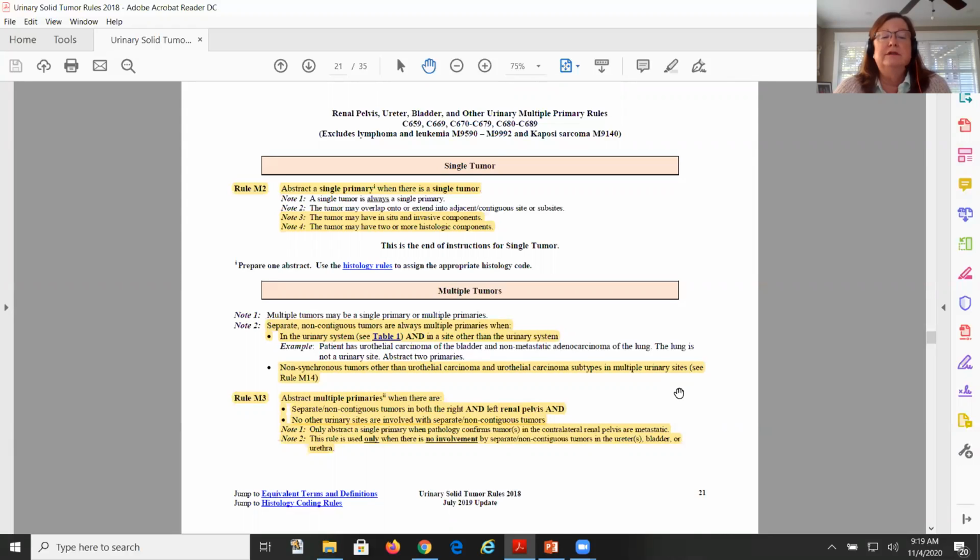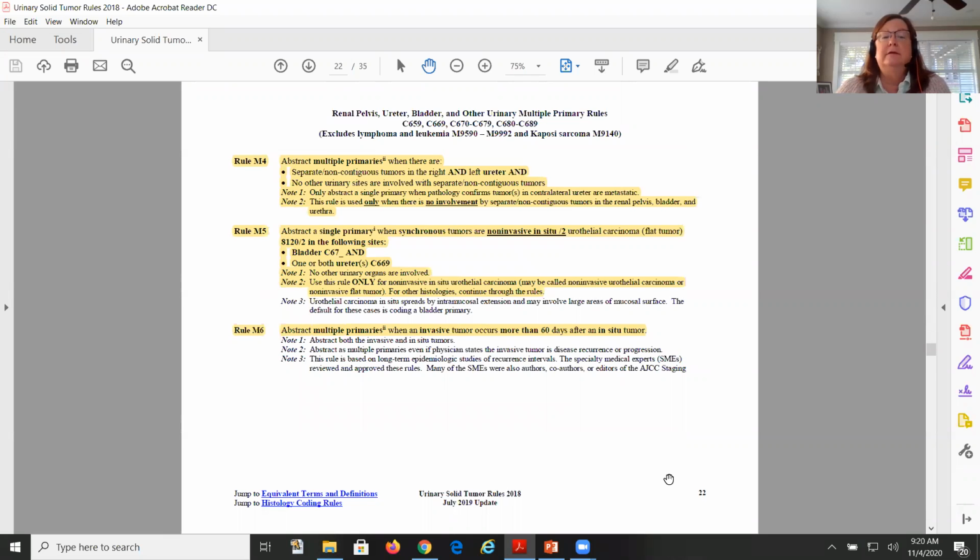So moving on to M3, abstract multiple primaries when there are separate non-contiguous tumors in both the right and left renal pelvis and no other sites are involved.